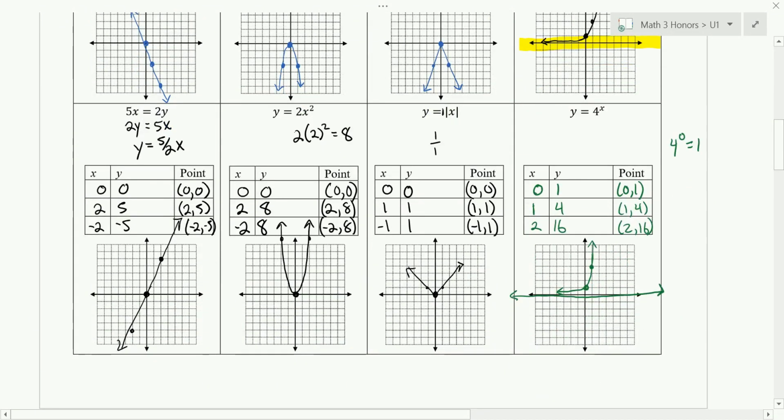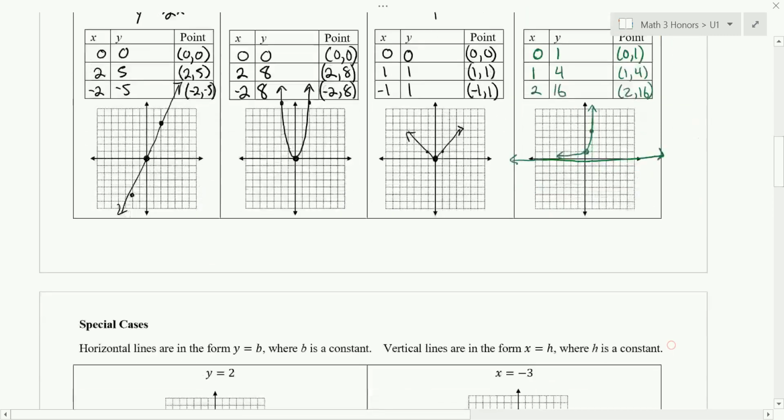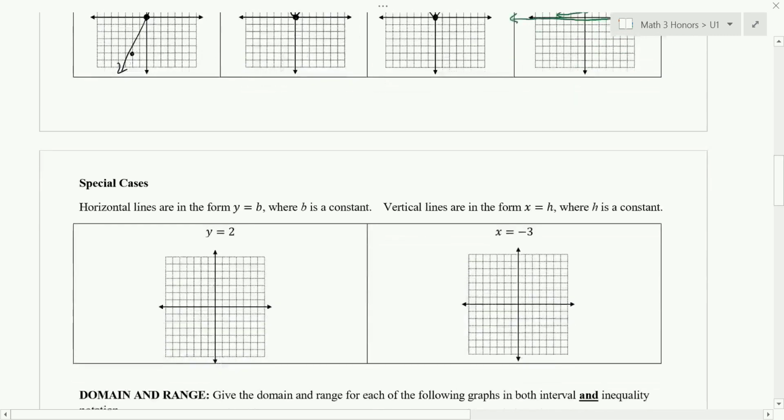So those are the 4 key shapes that we're looking at in Unit 1. There are a couple special cases I want to address, and then we'll be done with our notes. And those are of lines. Typically, a line has an x and a y in it, but sometimes you won't run into that. For example, y equals 2 is a special case of a line.